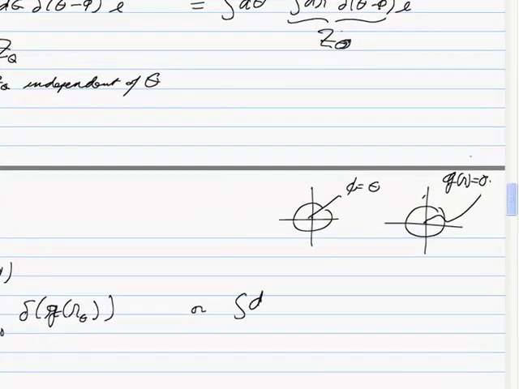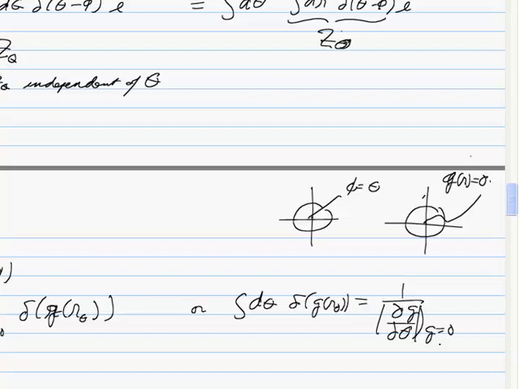If I just did the integral d theta delta of g of r of theta, that turns into 1 over the absolute value of dg d theta at g equals 0.